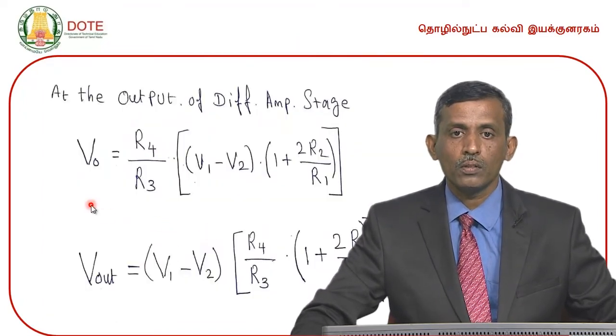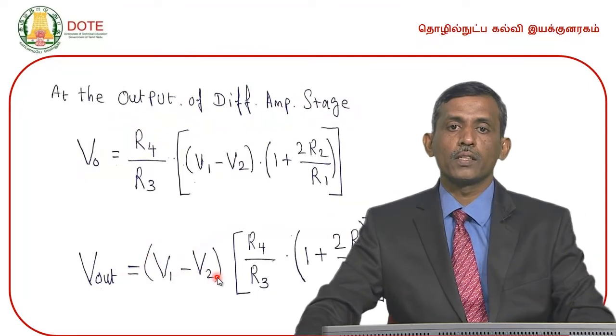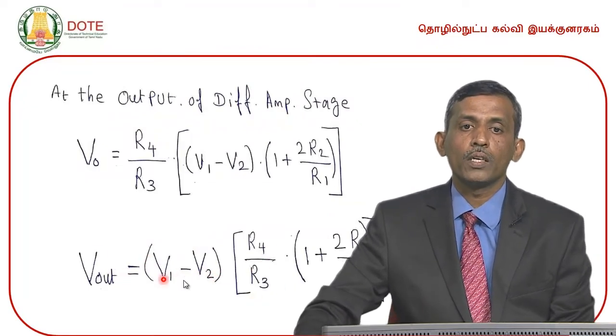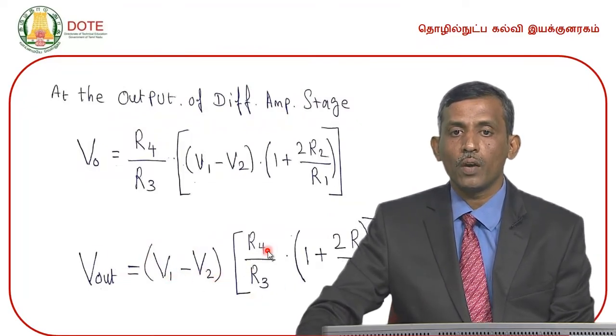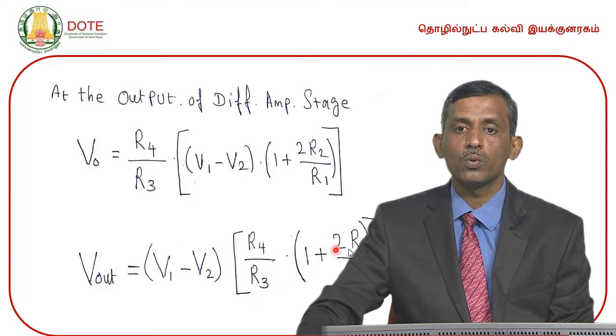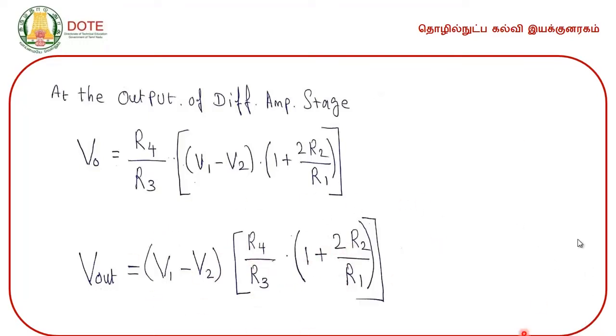So this is your final expression, the output voltage: V1 minus V2 into R4 by R3 into 1 plus 2 R2 by R1. This is the output voltage of the instrumentation amplifier. Okay. What did we learn from this? The output voltage of the instrumentation amplifier amplifies the difference of two voltages.